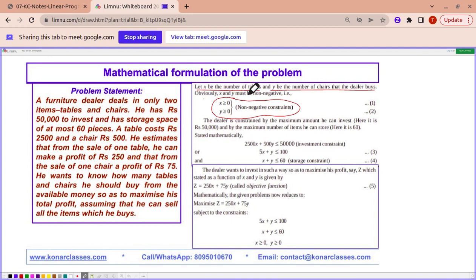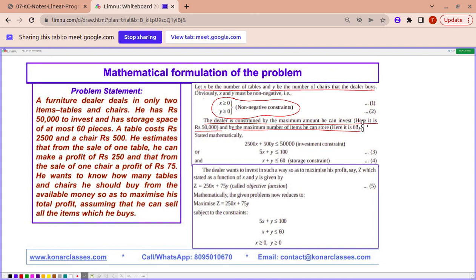The second is that the dealer is constrained by the maximum amount he can invest, here it is rupees 50,000, and by the maximum number of items he can store, here it is 60. Now if he is purchasing x number of tables and y number of chairs, what is the cost price of one table?